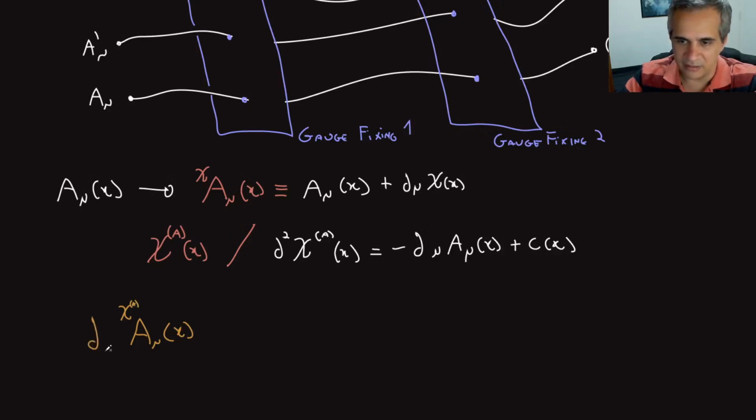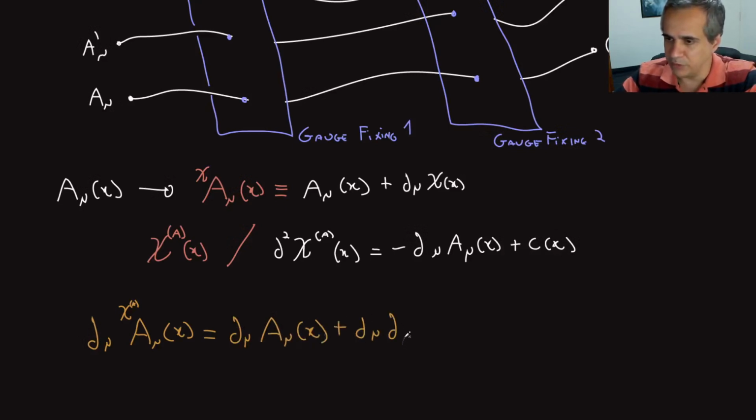If I take del mu A mu of that, just looking at the right side here, I'll have del mu A mu of x plus del mu del mu chi_A of x, and then this is what is here, right?